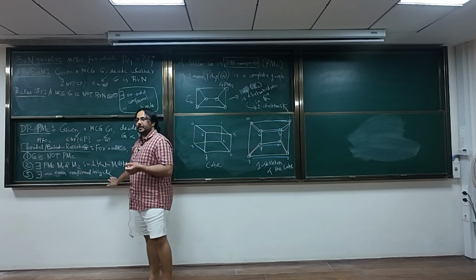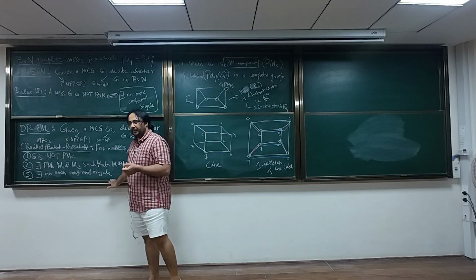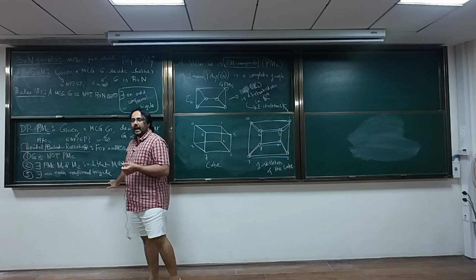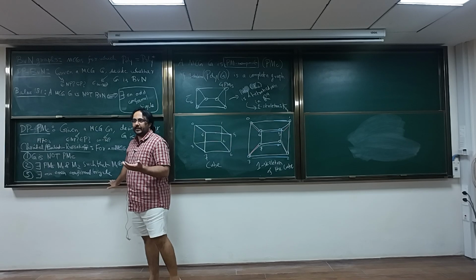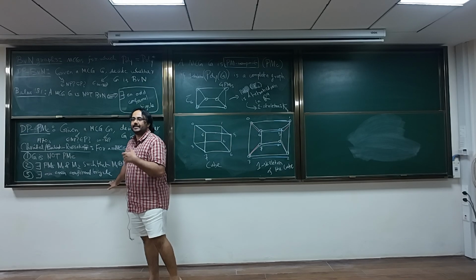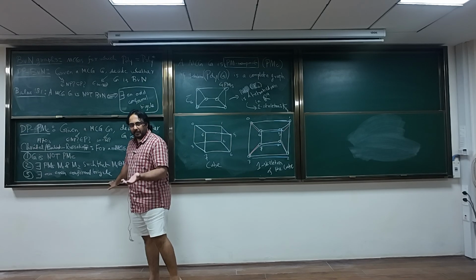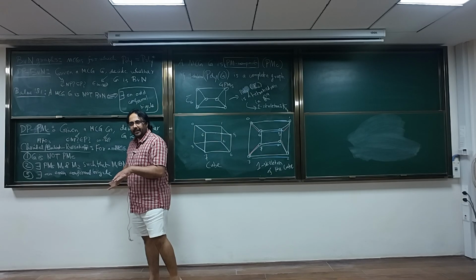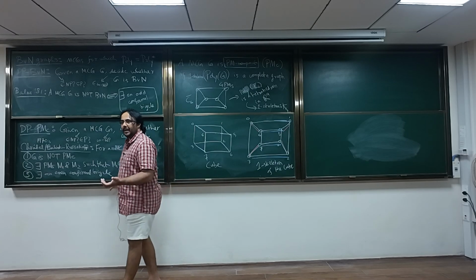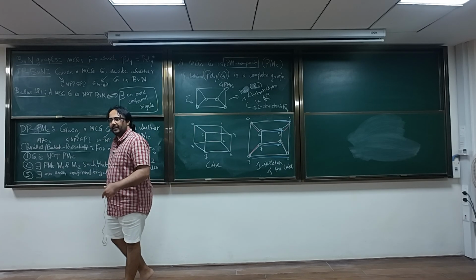PM compact is the same as not having an even conformal bicycle. And now it makes a lot of sense to intersect these 2 classes. One is about odd, one is about even. Well, forget the parity. Can you just ask the question, is there a conformal bicycle or is there not? Can this be answered in polytime? Can you find a characterization of all matching covered graphs that do not have a conformal bicycle?